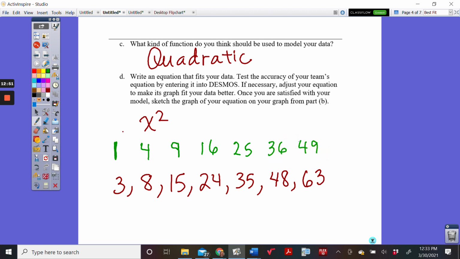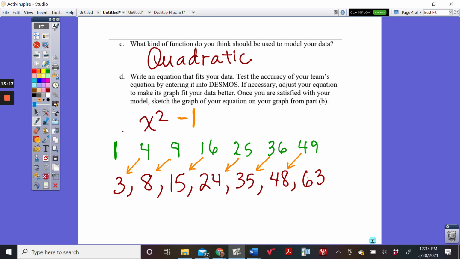Now, it's off a little bit, but if we think about it, this one kind of goes with that one because it looks a lot like x squared take away 1, right? I square a number and I take 1 away from it. These are all 1 less than a perfect square. The next number will be 64. This is 1 less than that.